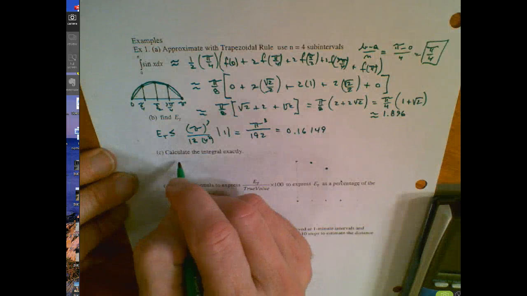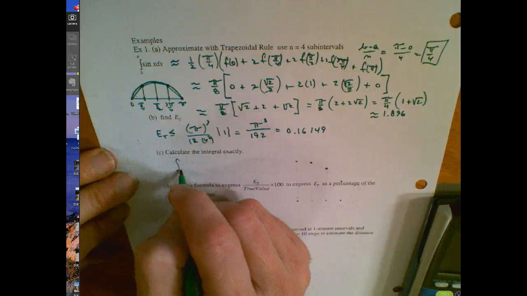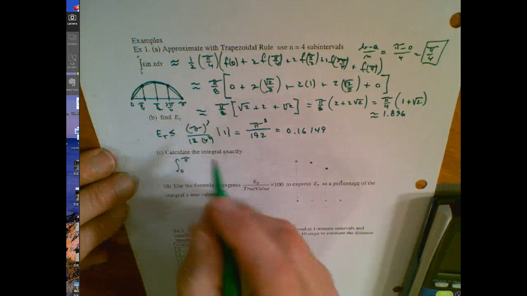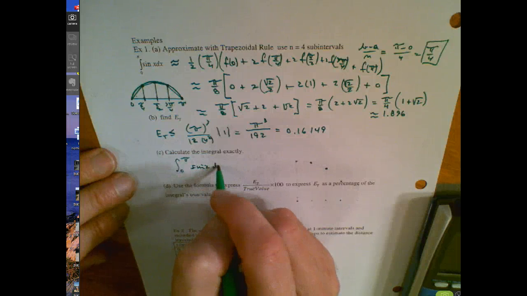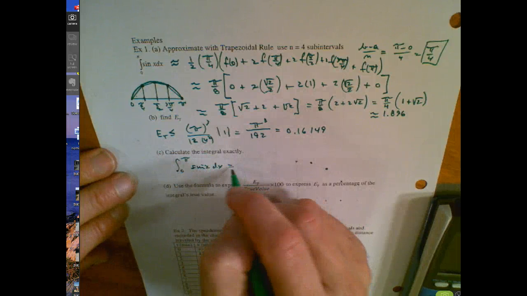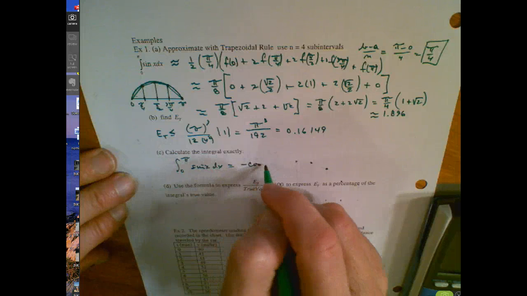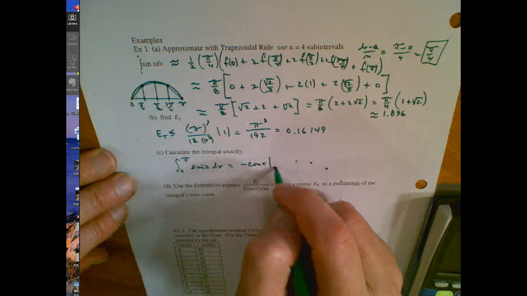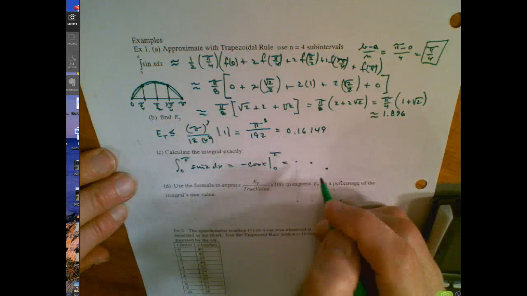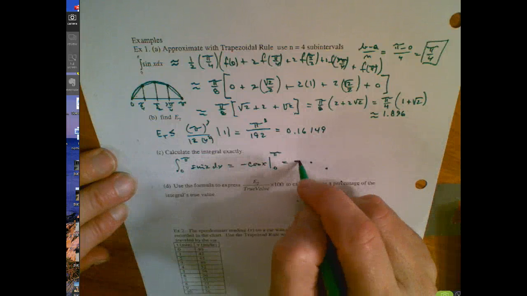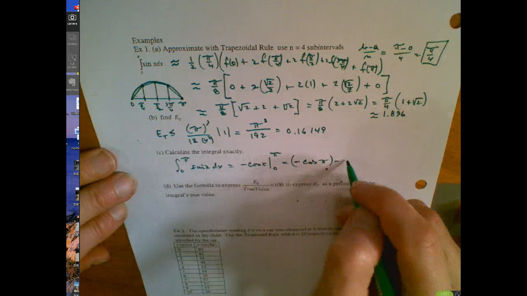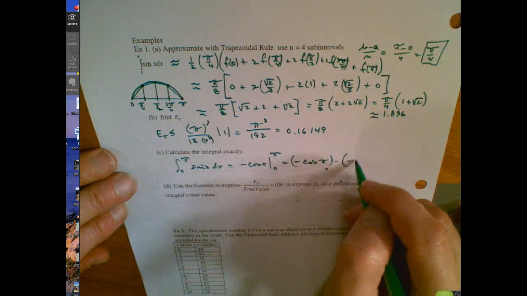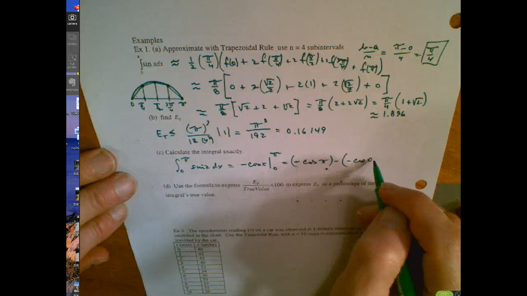So the integral, and I could do that this way, from 0 to pi of sine x dx is equal to opposite cosine of x evaluated between 0 and pi, and that's equal to opposite cosine pi minus the opposite of cosine of 0.